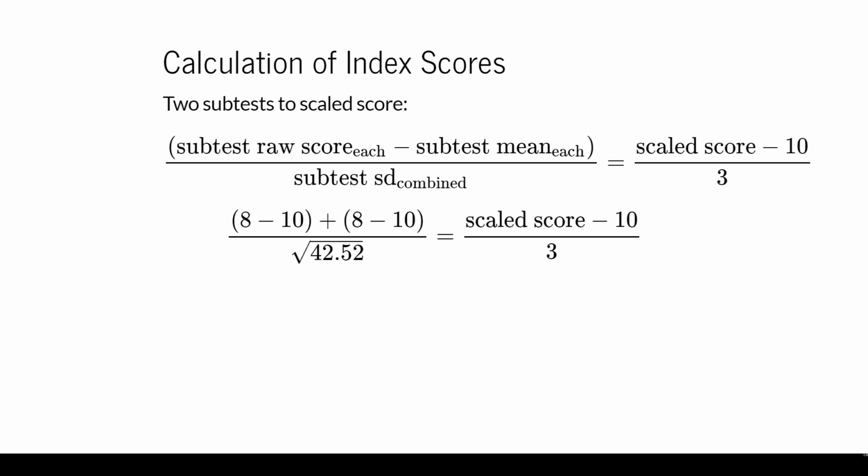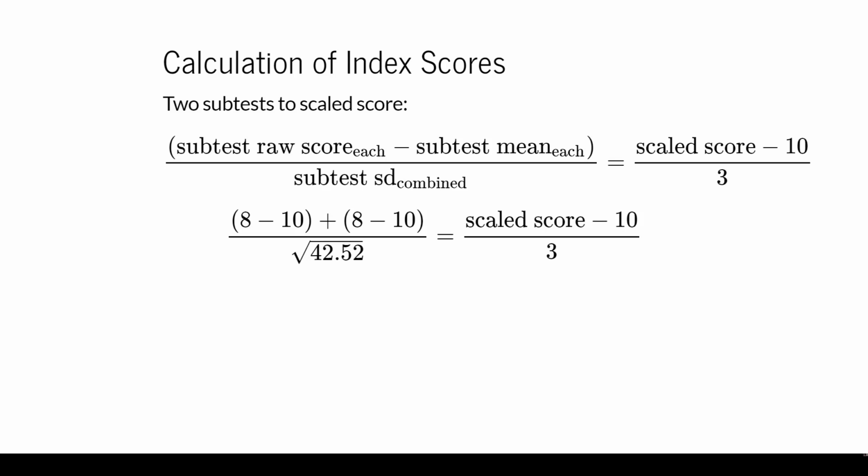So let's assume that in our example, this individual scored an 8 on both form completion and figure ground. We know that the subtest means are 10. So we plug that in, 8 minus 10 plus 8 minus 10. We're combining the subtest differences from the means.